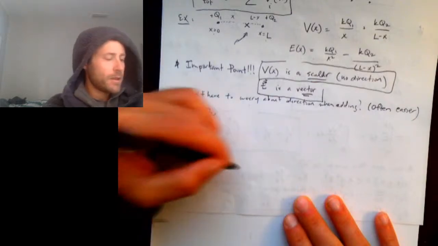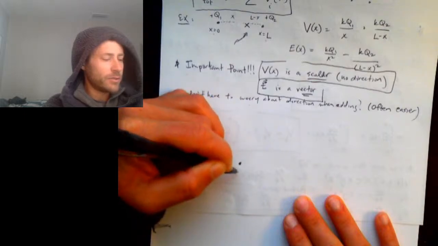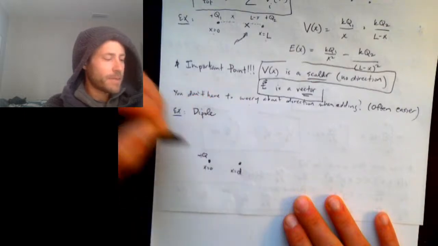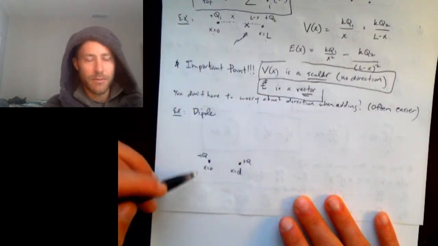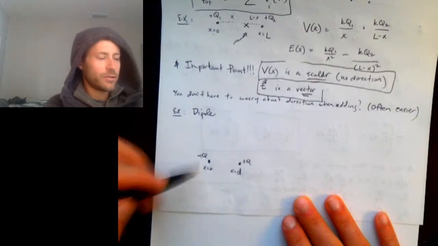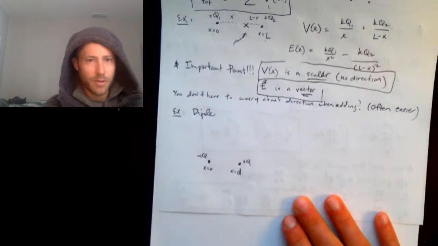And then here at x equals d is a plus q charge. So this is called a dipole. We have two charges that are equal and opposite, and they're separated by some distance.